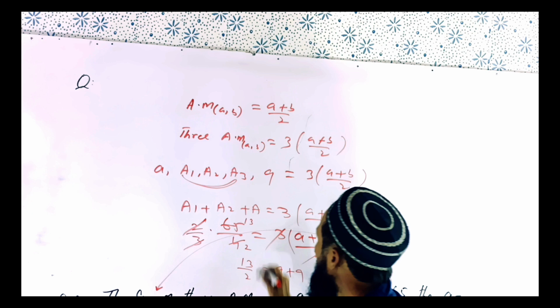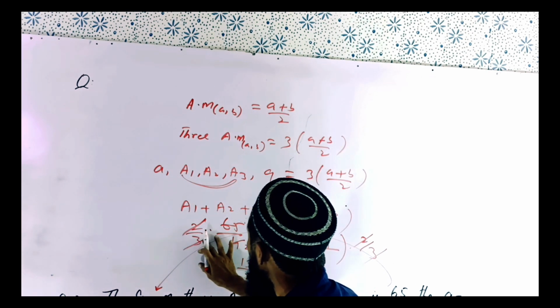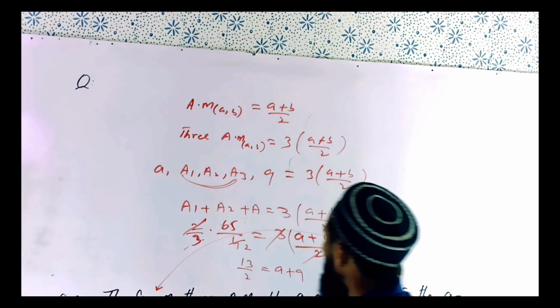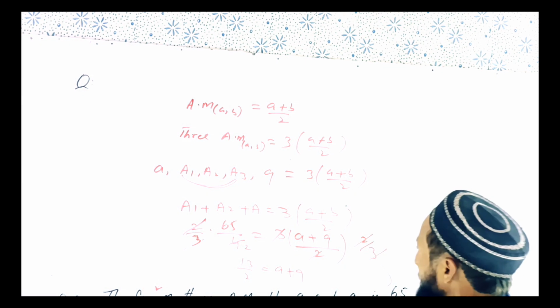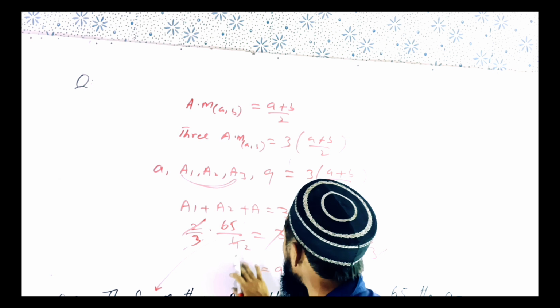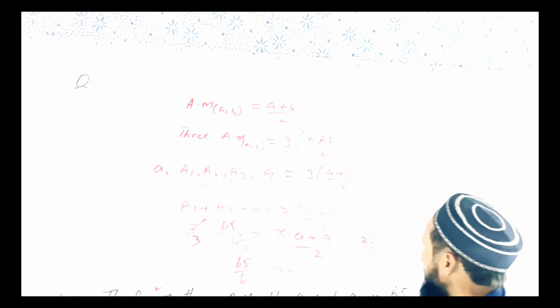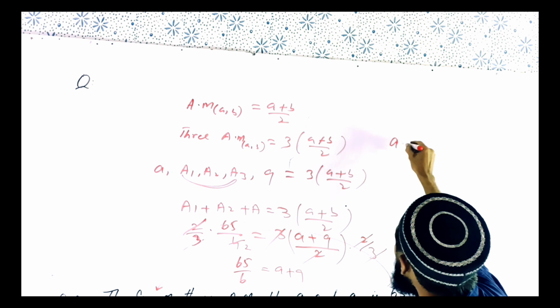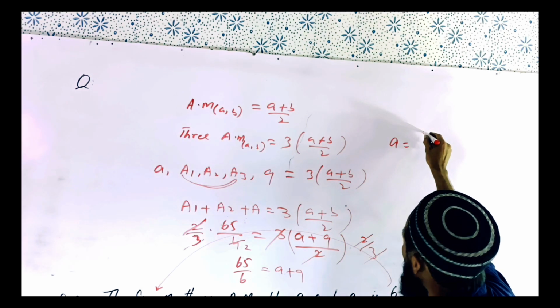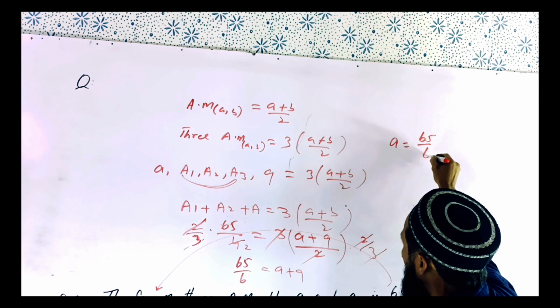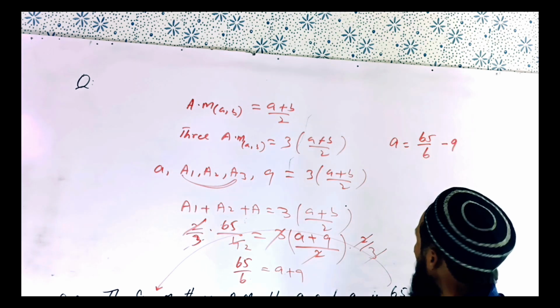No, sorry, there is no cancellation, since 3 and 65 cannot cancel each other, so we get 65/6. So a is equal to 65/6 minus 9.